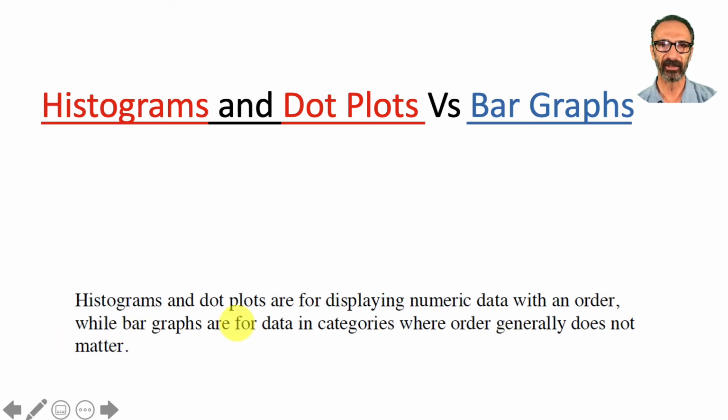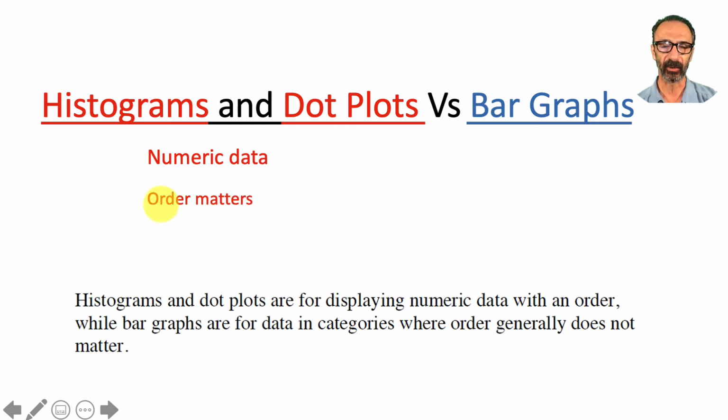That's more in detail, but I want to add to it and make it more clear as a slide. Histograms and dot plots refer to numeric data. Order matters, as you could see. We were looking at histograms with intervals from 0 to 15, from 15 to 30.